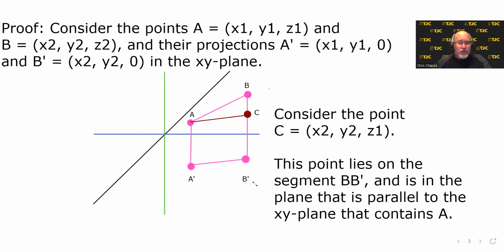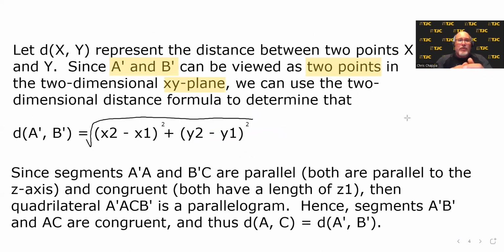So we're taking this down to 2 dimensions. We can use the two-dimensional distance formula to determine that their distance is basically just the distance formula, the square root of x2 minus x1 squared plus y2 minus y1 squared.